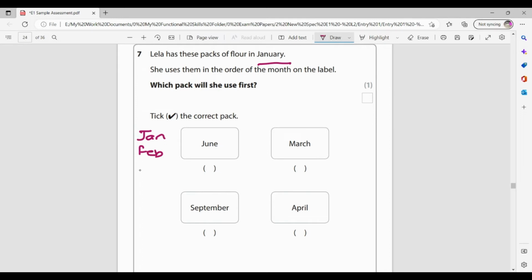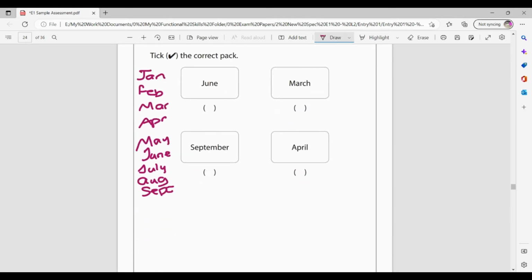So I've got January, February, March, April, May, June, July, August, September, October, November, December.